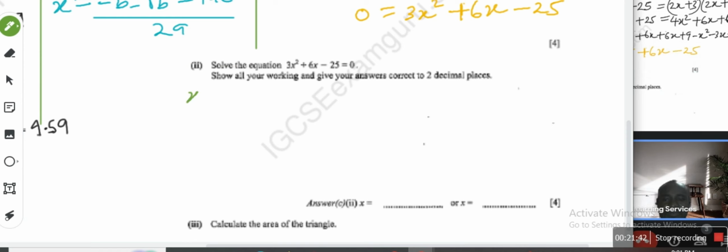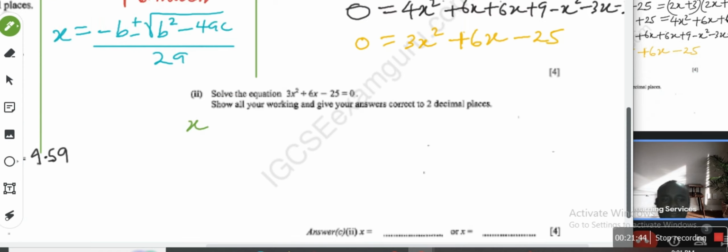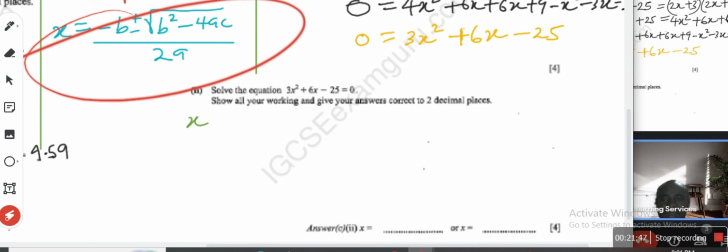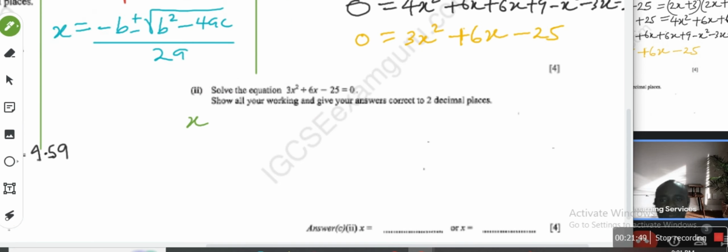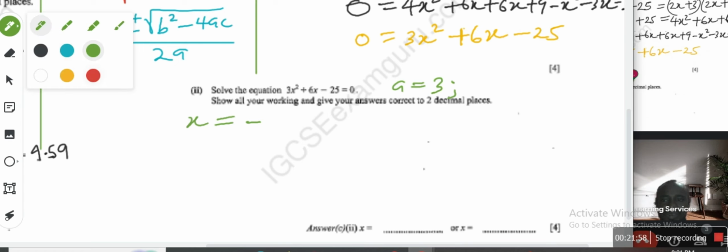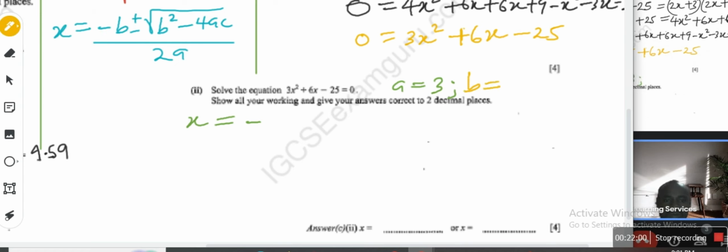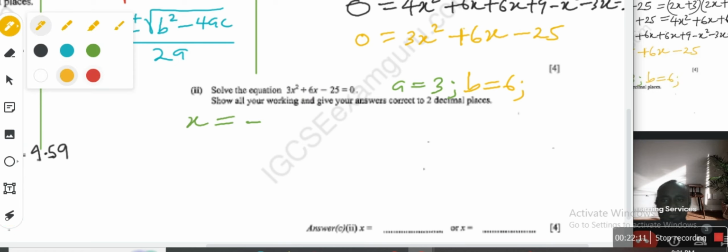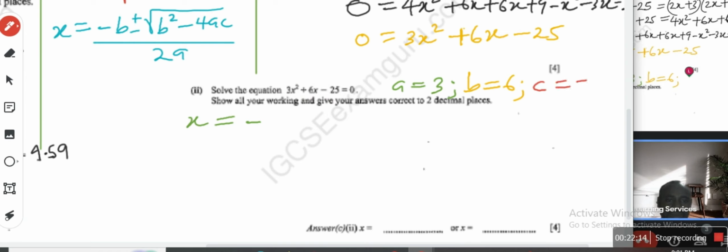So x, of course, applying the general quadratic formula will be plus or minus. By the way, a is equal to 3, b is equal to 6, and c is equal to minus 25.